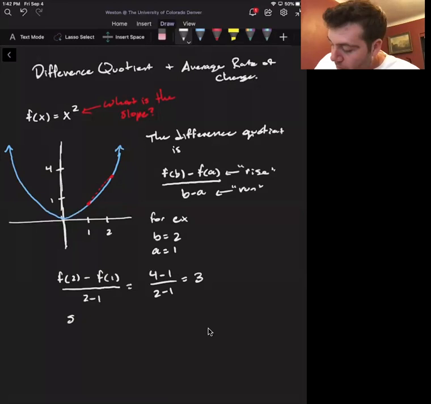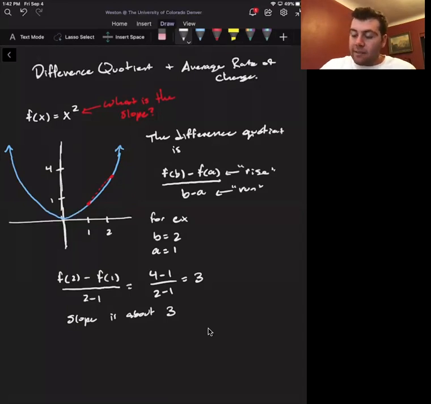So the slope is about 3. So that's how we interpret the difference quotient. And it gives us a way to say that between 1 and 2, we say the slope is about 3.